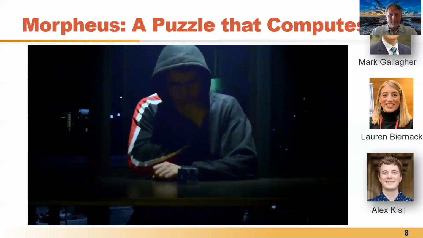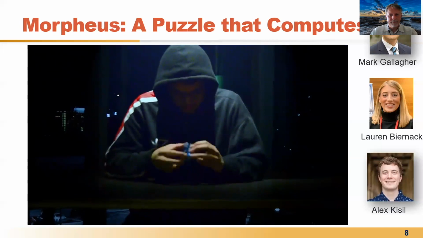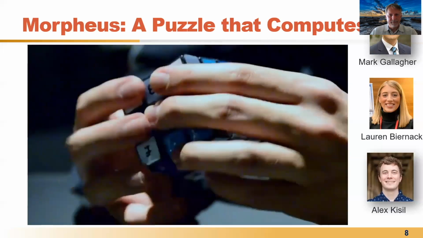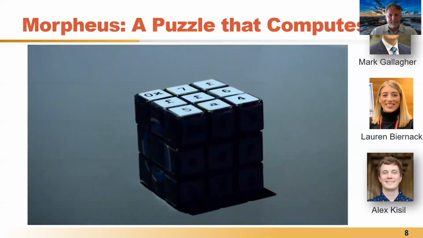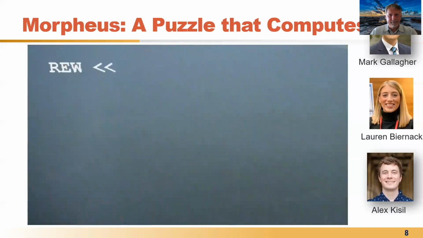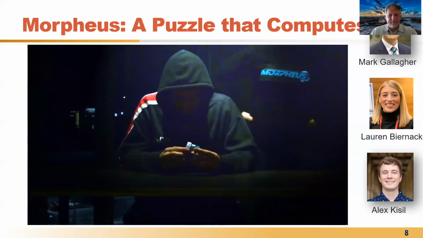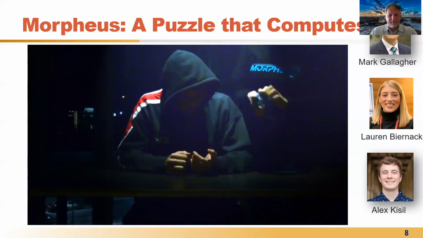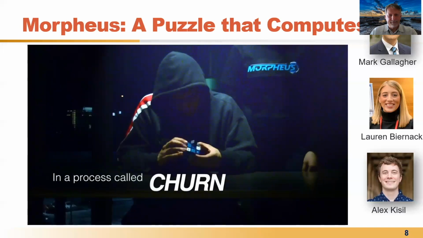However, hackers have found ways around these measures. There's hope. Because there's Morpheus. To stop attackers from de-randomizing assets, Morpheus changes them from under them in a process called churn.